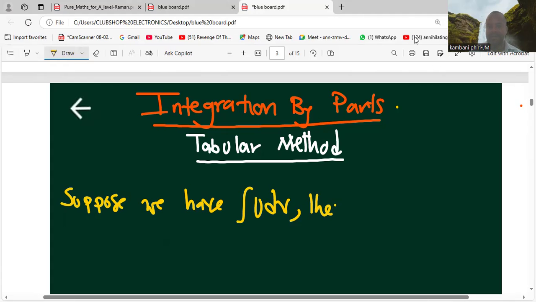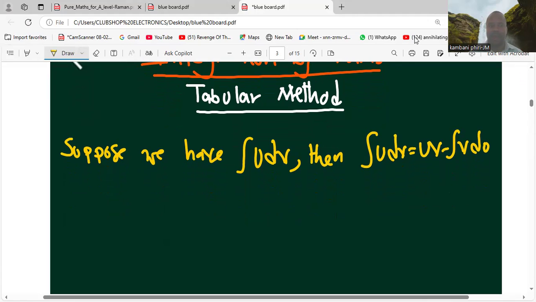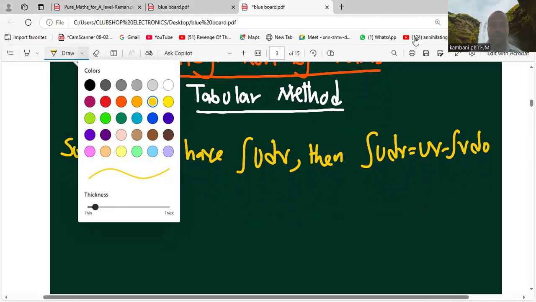Then we'll have the integral of u dv is equal to uv minus the integral of v du. This is what has been used. It's the ordinary one, or the method that most people know. But in this case, we are going to use a table, all right?